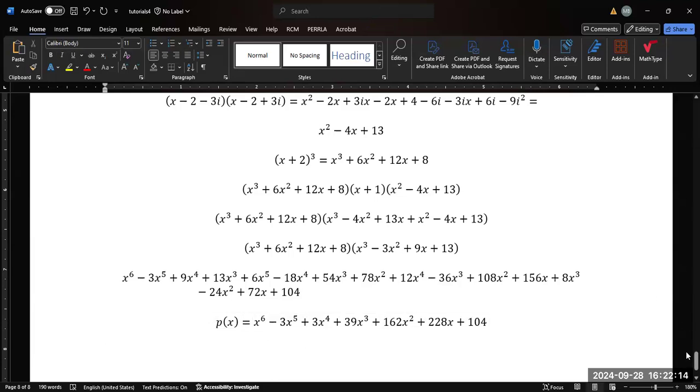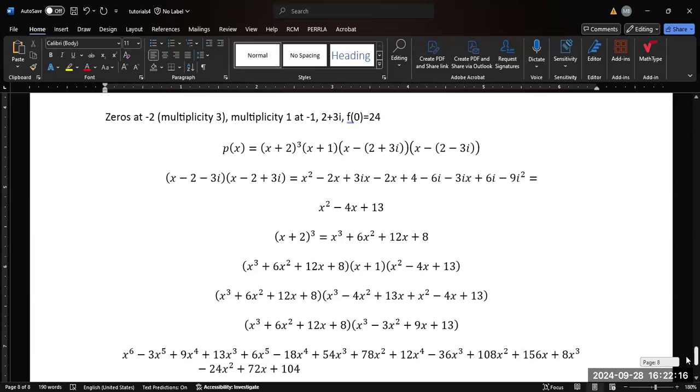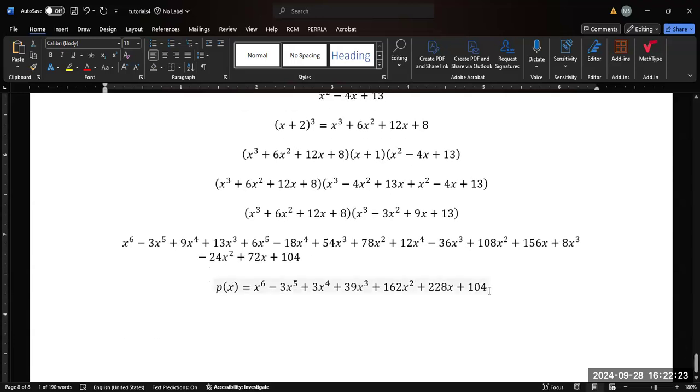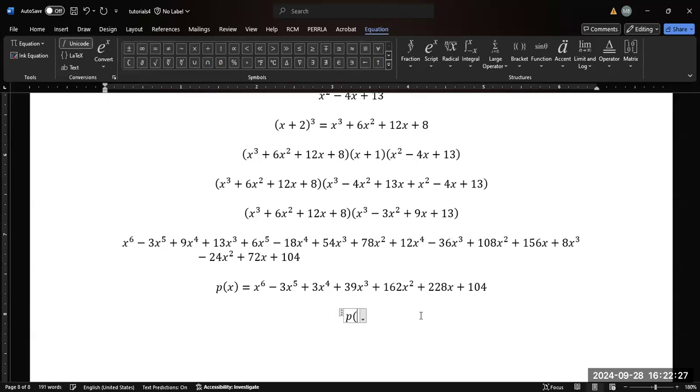Now, we also had one additional property that we wanted to worry about, which is that f of 0 is 24. In this multiplied out form, that's actually going to help a little bit, because p of 0 in our current polynomial is actually 104.